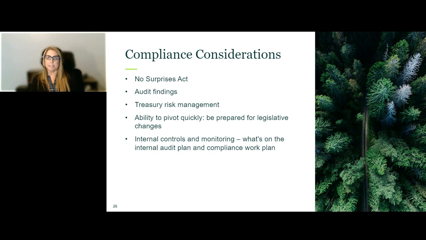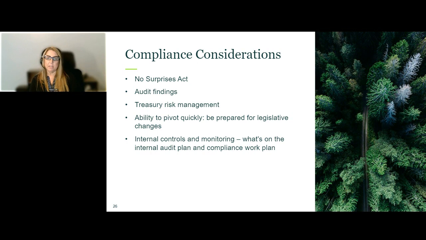So really monitoring that is important, because we need to have a process in place to unwind or undo some of those waivers. But if legislation comes about that could allow some of those things to continue, either in different ways or in the same manner, how quickly can we not push that button? Because that definitely could affect revenue in a positive way if we can pivot quickly.